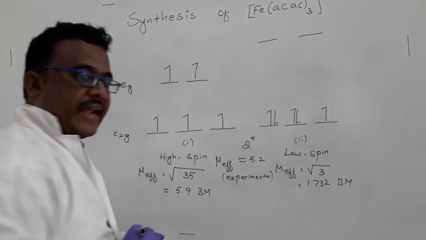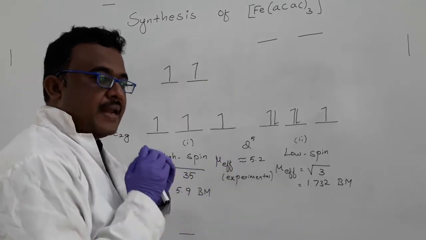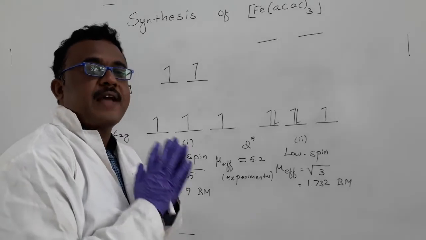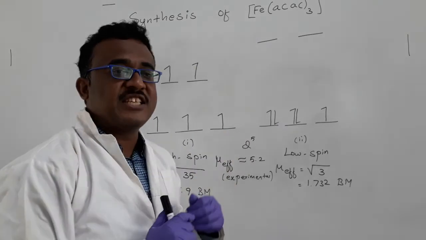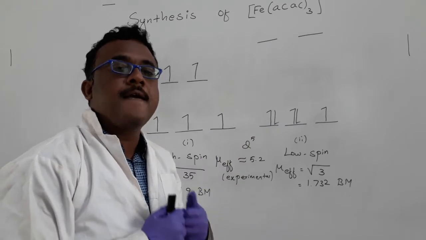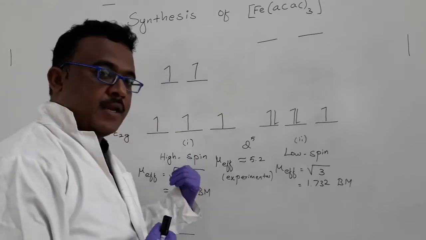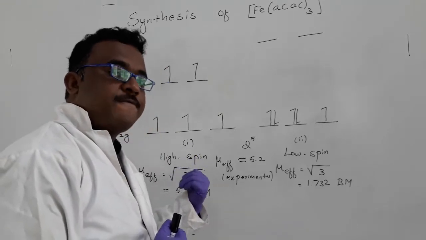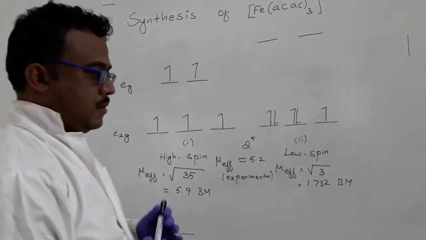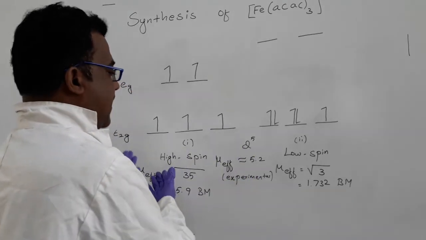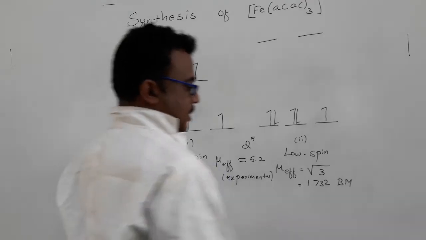This confirms that the iron has 5 unpaired electrons. That means the acetylacetonate ligand acts as a weak field ligand to form a high spin complex of iron having 5 unpaired electrons. Anyway, in both the high spin and low spin cases, there is definitely a presence of unpaired electrons.